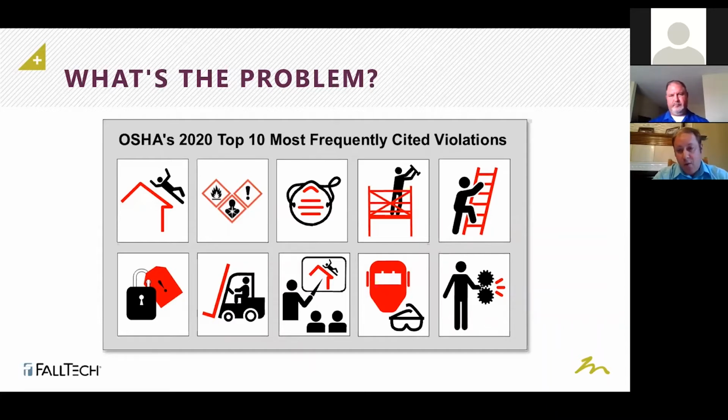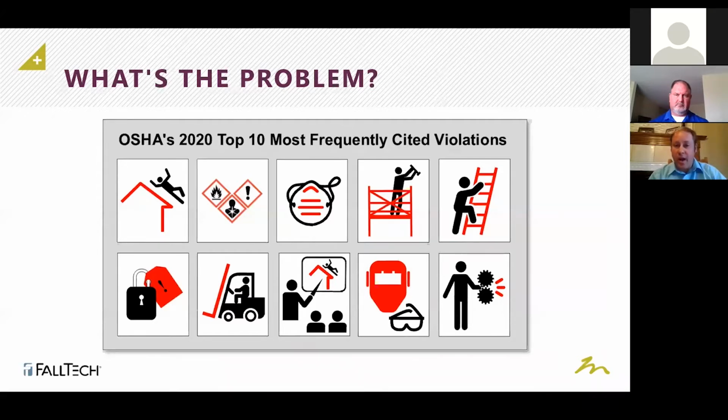It's interesting to note that fall protection in this category has been number one for 10 years. So it's almost been a decade. So we haven't made a whole lot of movement in that area. Also, if you go across to the right there, HazCom was in second. Just to put it in perspective, there were 5,424 violations in the first category, the number one spot, fall protection.